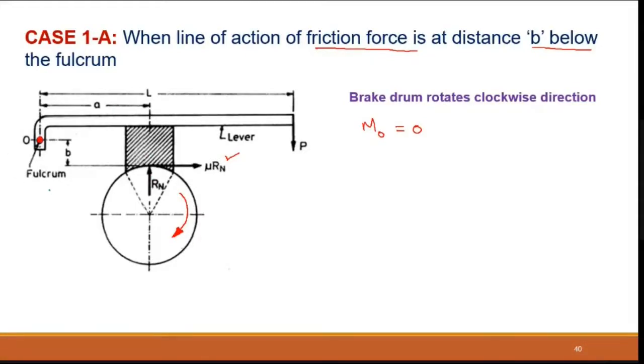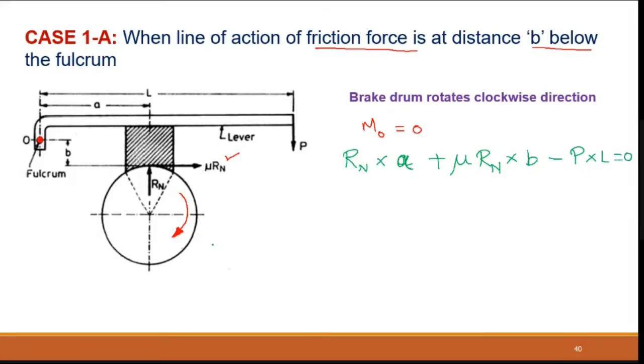The rotation is anti-clockwise, so it is positive: Rn into the perpendicular distance from O, which is A. So Rn into A. Next is this force, mu into Rn. Its rotation is also anti-clockwise, so I write plus mu into Rn into B. Then the force P: it is clockwise, so minus P into L. This is equal to 0.